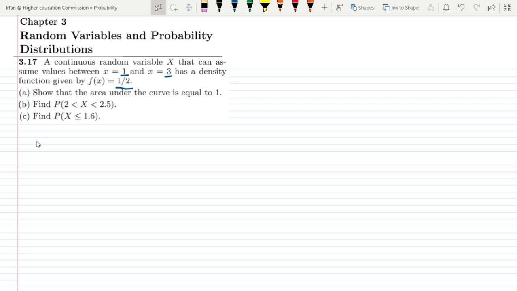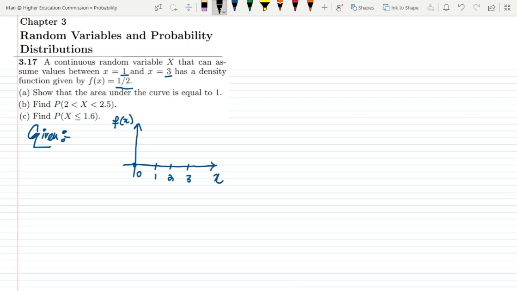Let us first write the given data. In the given data we have a word, let us draw it, and in drawing it you will very clearly see that this is the PDF plot, this is x, this is f of x, and it has values 0, 1, 2 and 3.